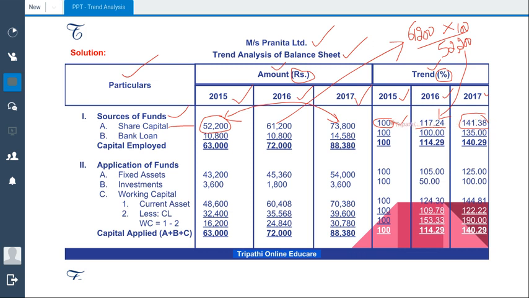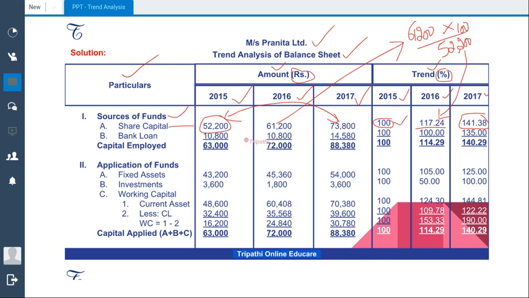So the first year, as we have assumed the base year, is 100%, 2016 is 117.24%, and 2017 is 141.38%. We can analyze that the trend of the share capital is moving upward. If you see, every year the trend is increasing, so we can say there is an increasing trend in the share capital.